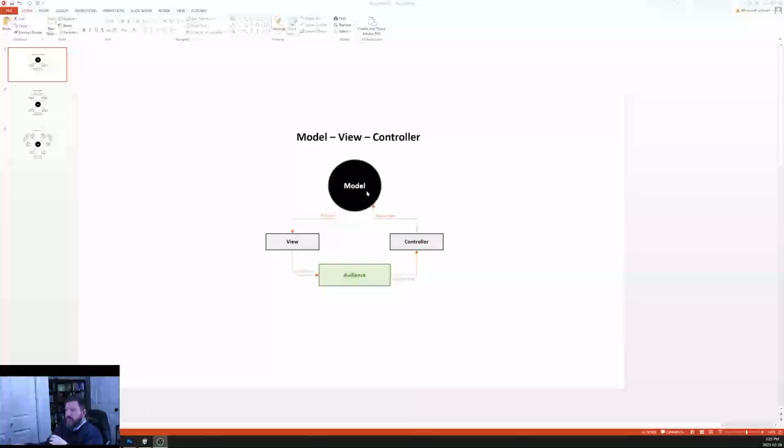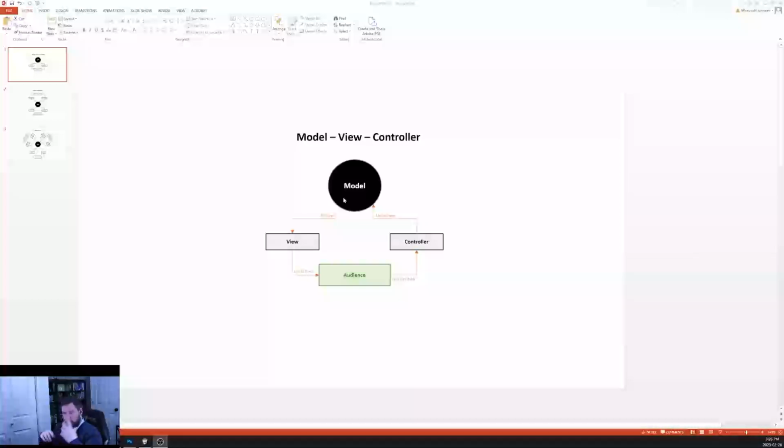And so this flow is a way of understanding the way that an audience and a model interacts at a base level. And of course, when you're coding, you want to think of every class in terms of whether it's a model class, a view class, or a controller class.